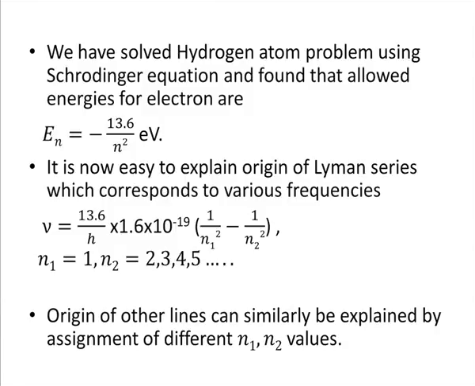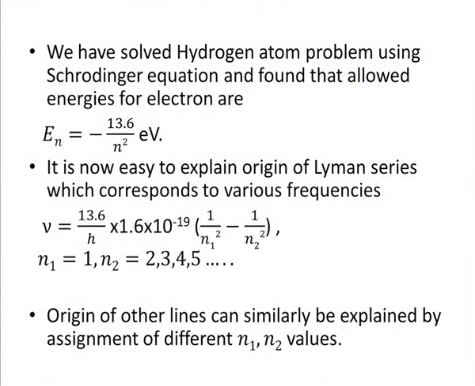It is now easy to explain origin of Lyman series, which corresponds to various frequencies nu equal to 13.6 by h into 1.6 into 10 to the minus 19 into 1 upon n1 square minus 1 upon n2 square. Mind it, here again n1 is constant and n2 is taking all values from 2, 3, 4, 5 onwards.